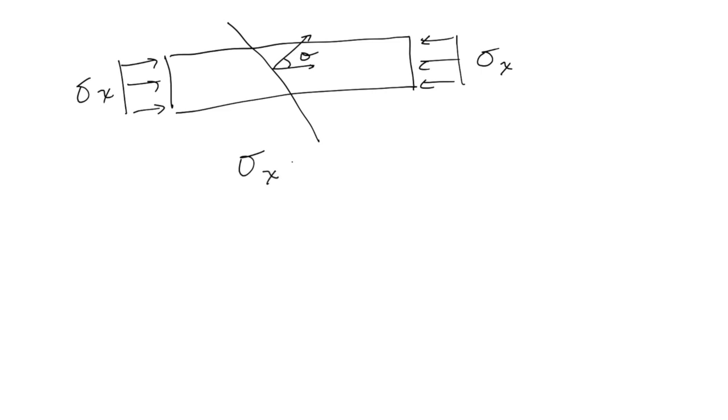Sigma x, the magnitude is minus 72.6 megapascals. Okay. All right, and then let's call this plane RS. So this we'll call plane RS.